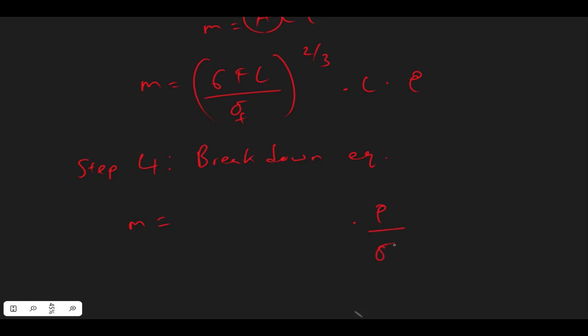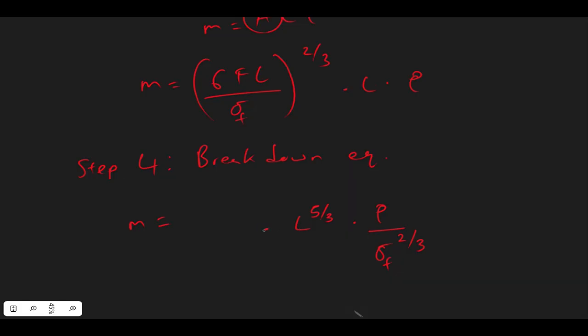So we bring out the material property, which is density divided by fracture strength raised to power 2 divided by 3. Then length is the geometric constraint, so length raised to power 5 divided by 3 is our geometric constraint.